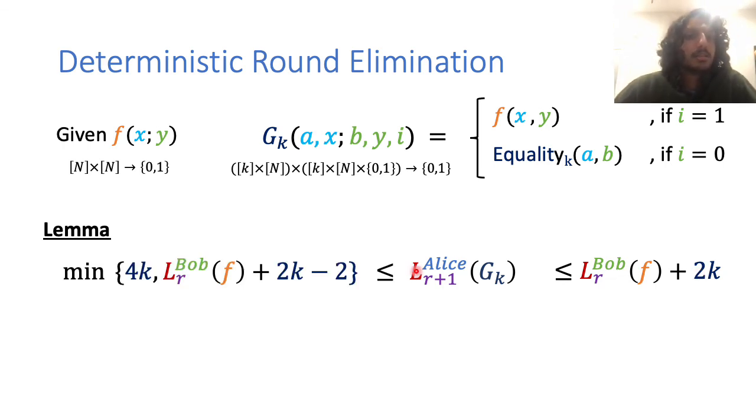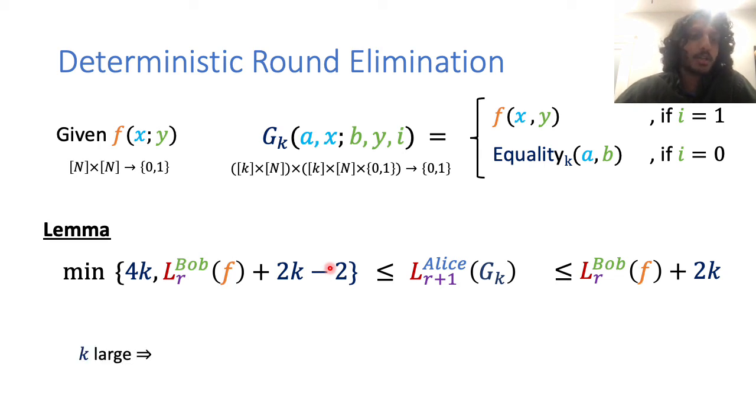It says that the complexity of this is at least the minimum of 4K and this other quantity, which is related to the R round communication complexity of F. So it's the R round communication complexity of F plus 2K minus 2.